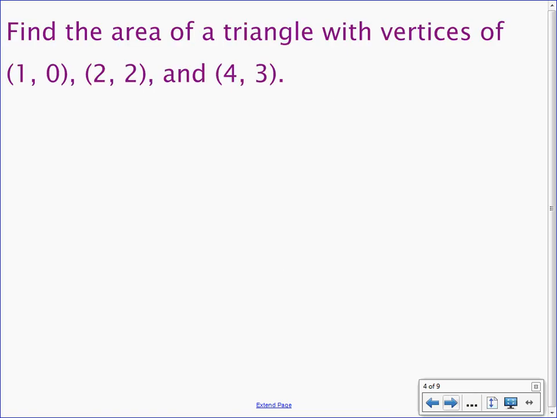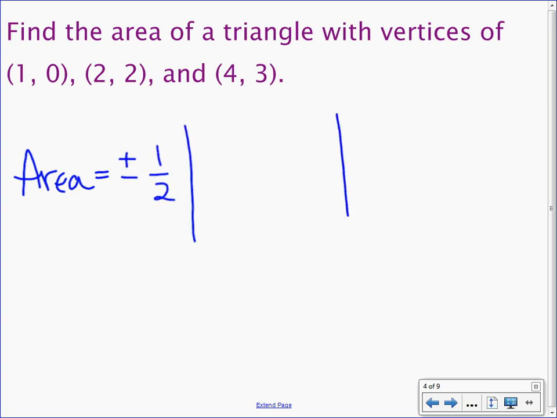Let's do this. Let's find this area. Well, we have plus or minus 1/2.